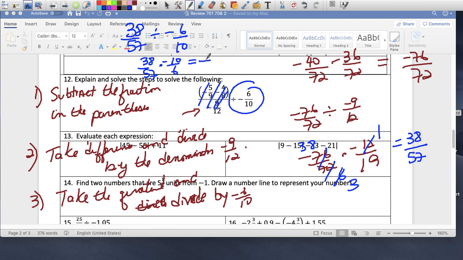A positive times a negative is a negative. Simplify: divide by 2 is 3, divide by 2 is 5. So at the bottom I get 171, and at the top 10 times 19 is 190. Negative 190 over 171. That's my answer.